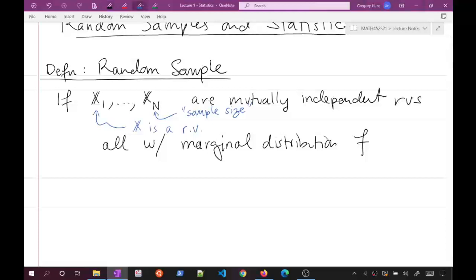When I say marginal distribution, I mean the marginal PMF or PDF.